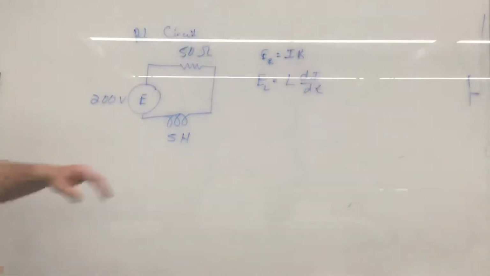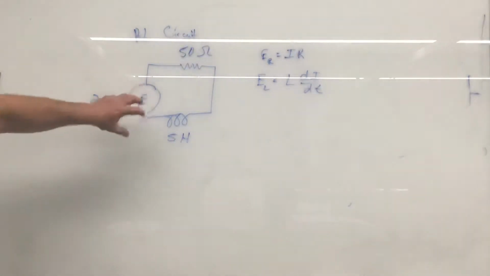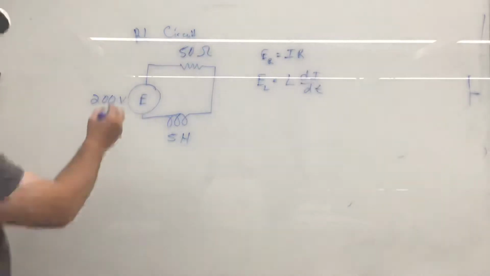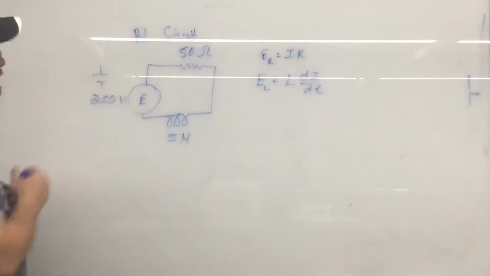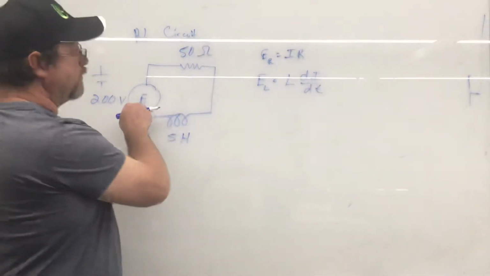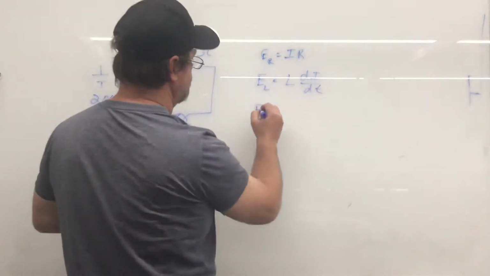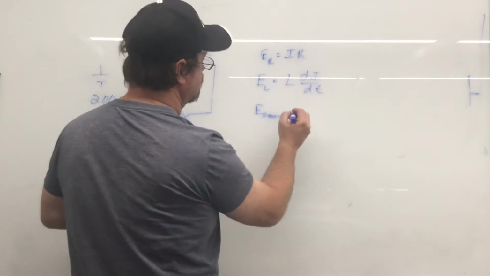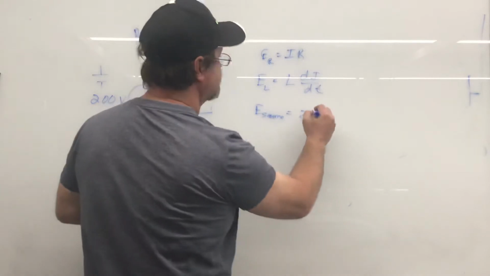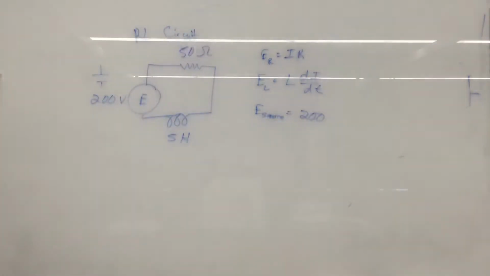And my total voltage, the voltage that I'm producing here, is 200. Your book does this, which is why I've done that. Sometimes it's written as a battery like that. Be 200 volts, that's what I wrote a minute ago. So those two added together along with this one, I'll just say at the source, whatever battery it may be, in this case is 200. Those have to add up to 0.